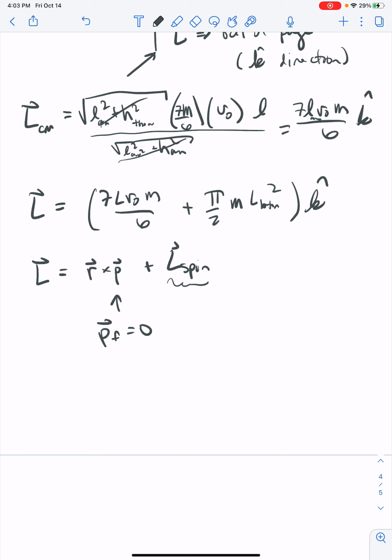And so this final angular momentum is actually just the spin angular momentum at the top of the trajectory. So that's just pi over 2 M L baton squared k hat. Okay, and so this is confusing, right? Because now we're saying the angular momentum changed, but we said earlier that there was no torque. And remember that whether or not there's a torque depends on your axis, okay?